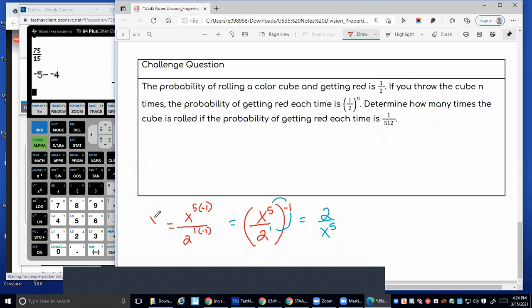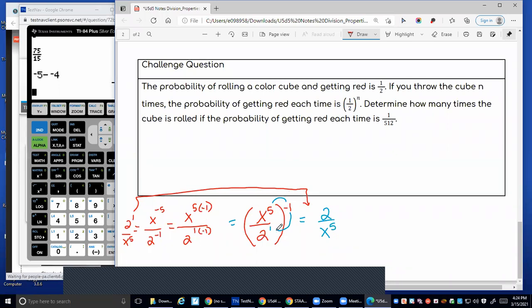This ends up being x to the -5th, right? 2 to the -1st, right? This 2 is unhappy, so it moves upstairs, becomes 2 to the 1st right here. And this x to the -5th is unhappy, and he moves downstairs. So see how these two are the same thing? Same thing.